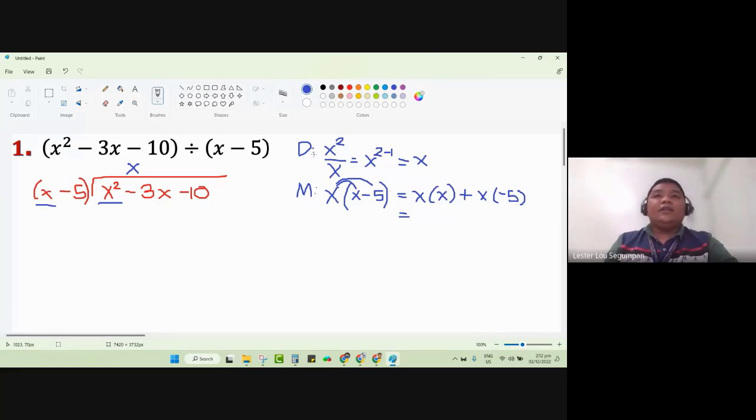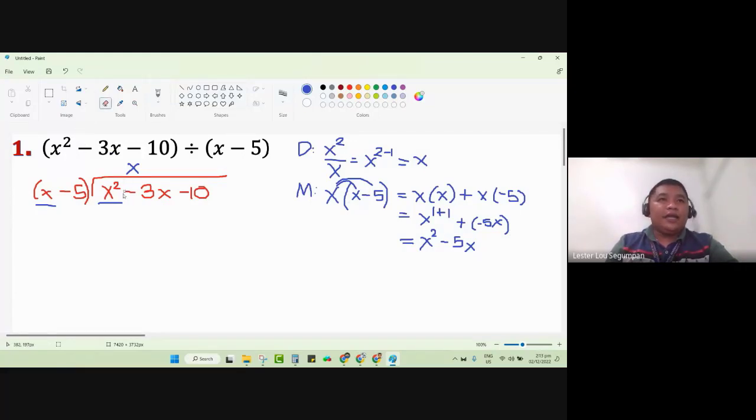Earlier was under division, and we had the division law. So here we have x to the power 1 plus 1, and negative 5 times x is negative 5x, which will give you the result of x squared minus 5x. So this is our first product after this process.